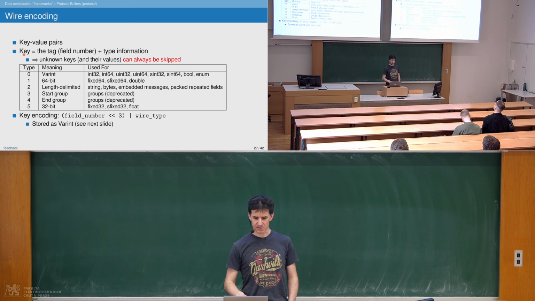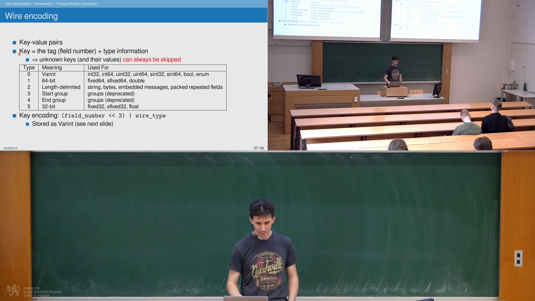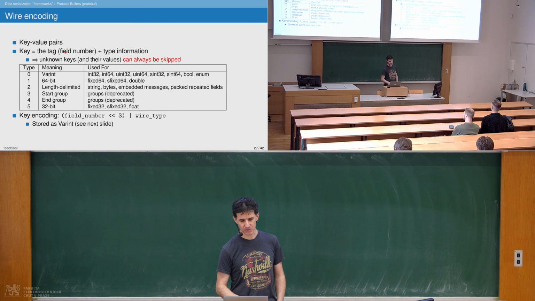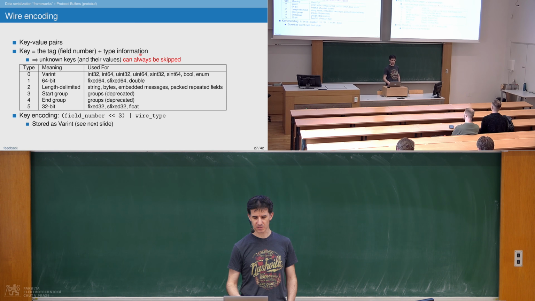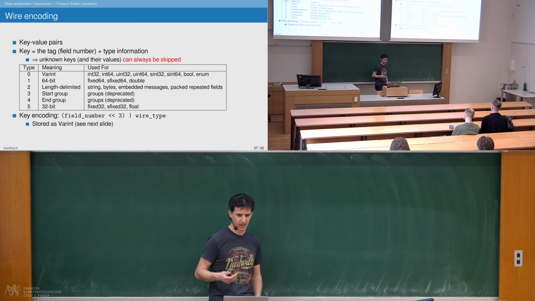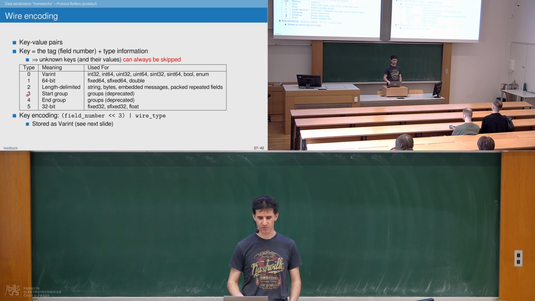The key is a number which specifies two pieces of information. The first is the tag, which we have just talked about, and the second is the type of the data. Protocol buffers define six types of data.